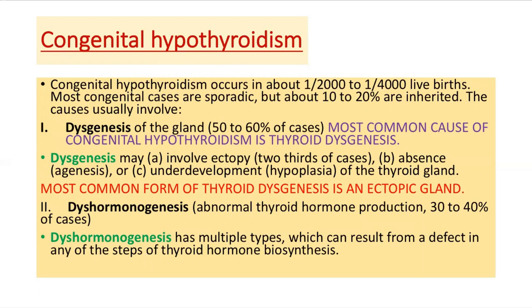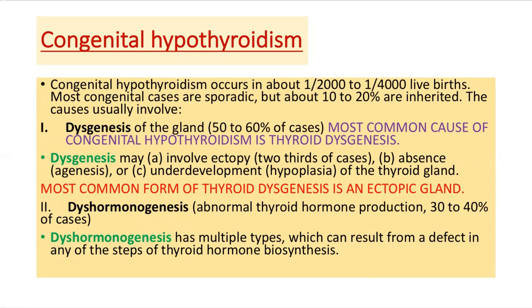وده برضو congenital hypothyroidism occurs in 1 to 2,000 to 1 to 4,000 live births. Most congenital cases are sporadic, but 10 to 20% are inherited. قلنا causes either dysgenesis, which is the most common cause of congenital hypothyroidism.